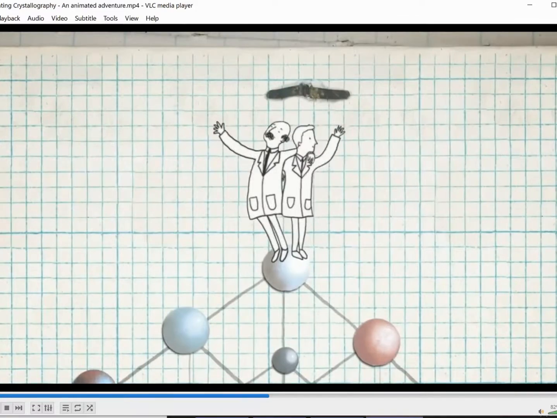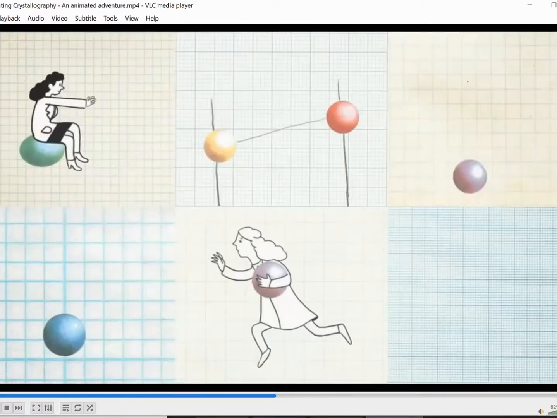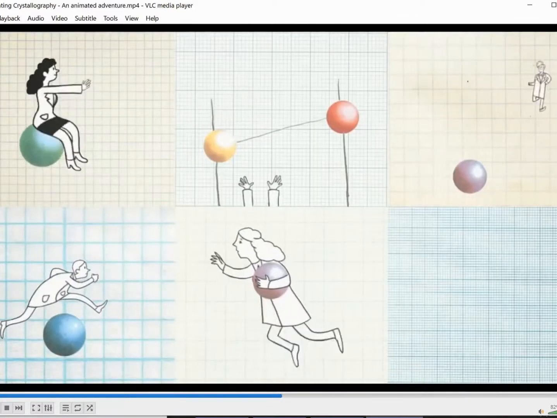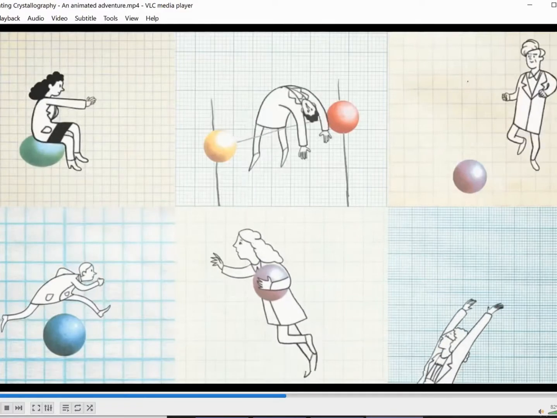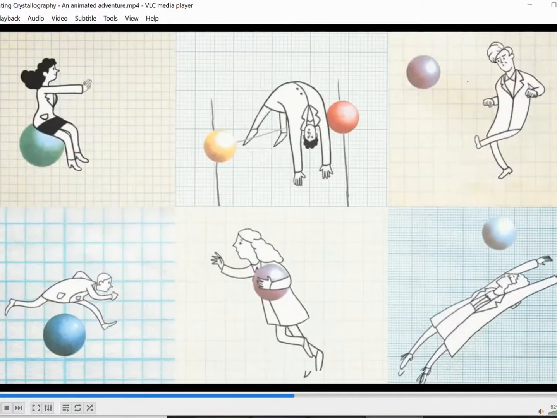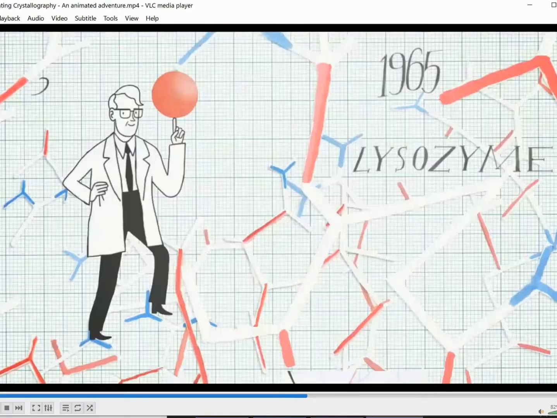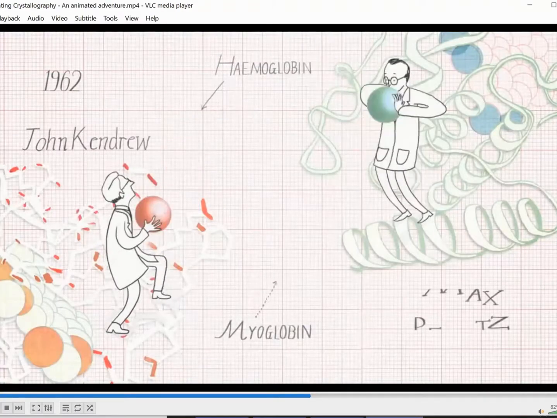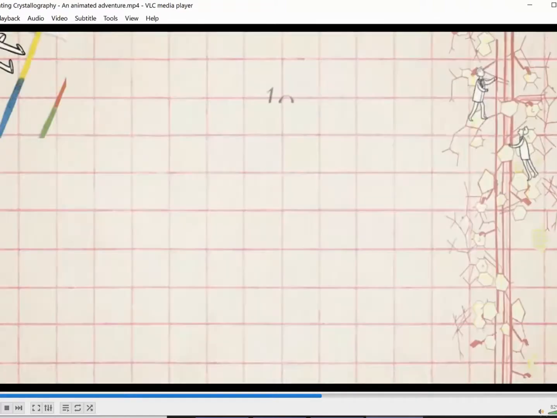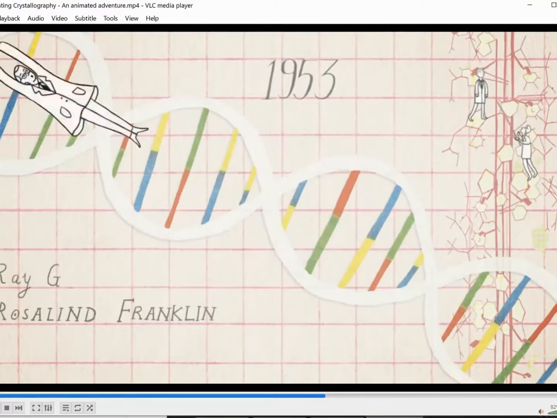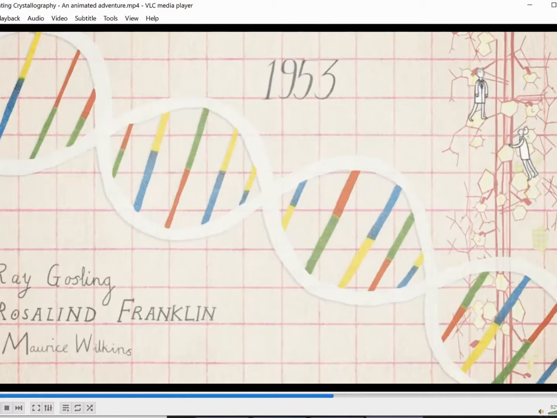Impressive stuff. Not only that, the Braggs mentored a dream team of crystallographers who went on to work out the structures of a huge range of molecules. From Kathleen Lonsdale, J.D. Bernal, Dorothy Hodgkin, to David Phillips, John Kendrew, and Max Perutz. Remember him? Plus, Rosalind Franklin and others even helped map the structure of DNA, probably the most famous result of X-ray crystallography.